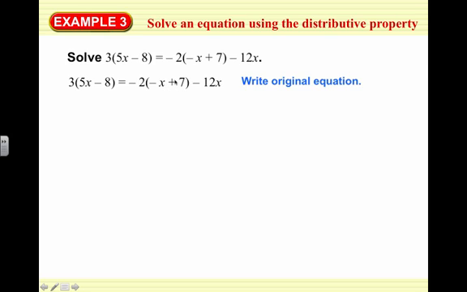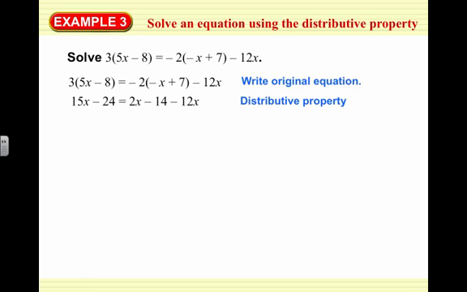Okay, now before we start trying to move where we get x's on one side and plain numbers on the other, remember you have to simplify each side. So over here we need to distribute the 3, and then on the right hand side we're going to need to distribute the negative 2 across the negative x plus 7, everything in that set of parentheses.